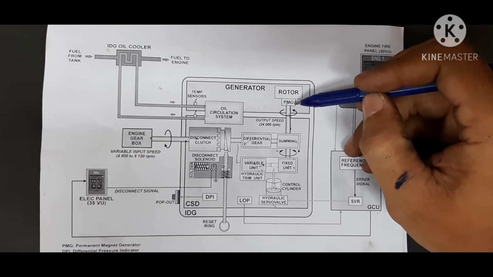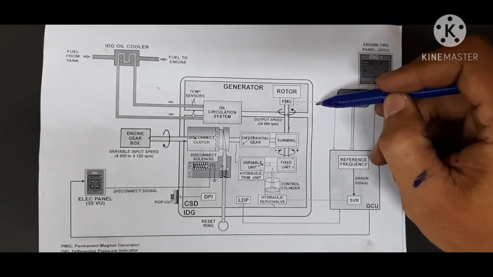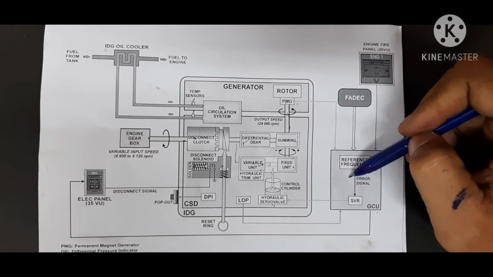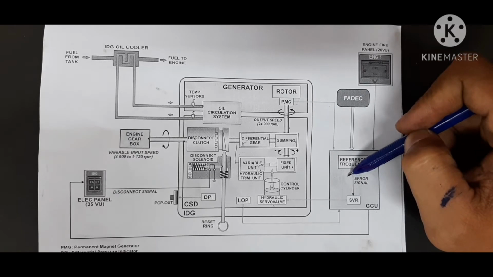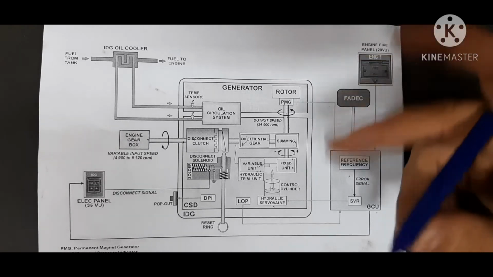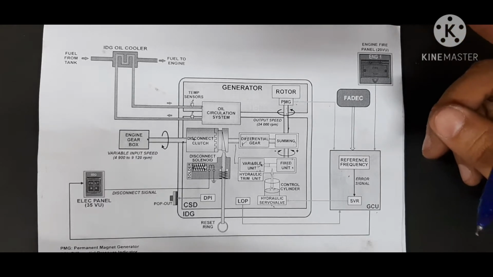Once the generator shaft rotates, the PMG produces AC power. This output is sent to the GCU, generator control unit, located just below the cockpit, via connector B for two purposes: for speed sensing and exciter field control.